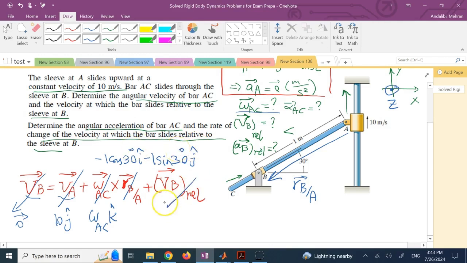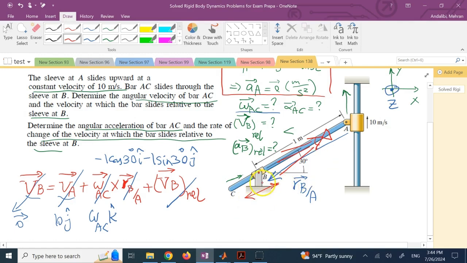And finally, VB relative. This is the velocity of B relative to member AC. As I said, this is assuming that you attach a camera on this member AC and look at this point B. So the only motion that B, this fixed point, can have with respect to this member that is sliding in this direction right now, is a velocity along this member, which is along the unit vector with angle 30 degrees. How fast it is, we don't know, but we know the direction of it.